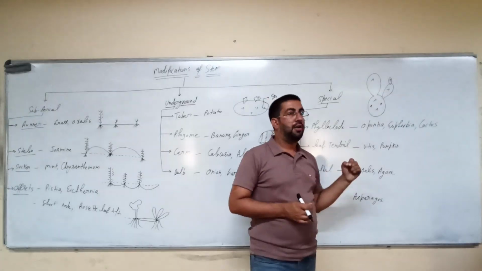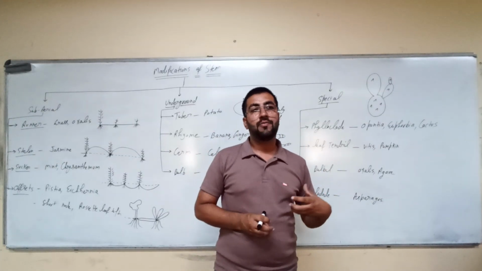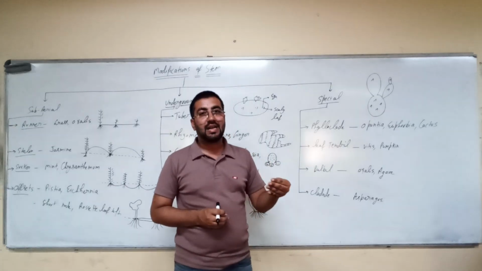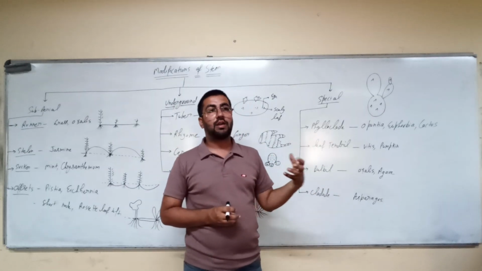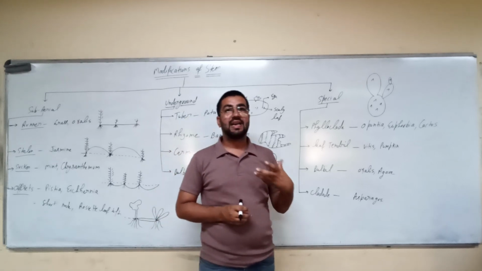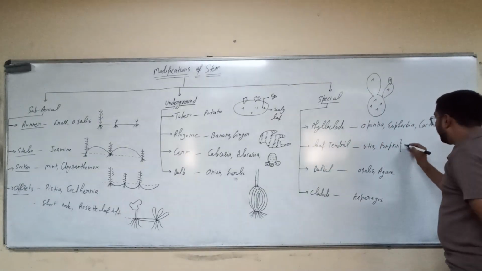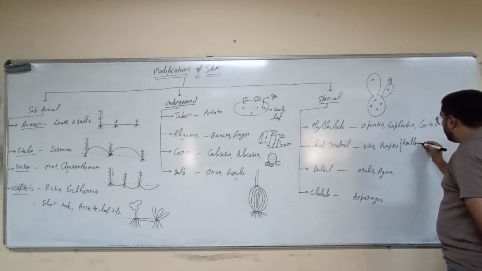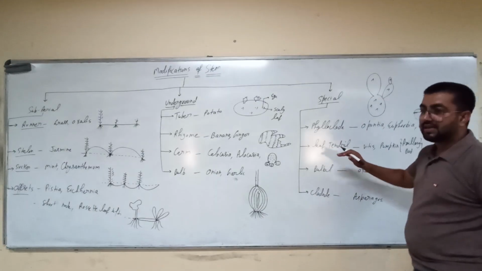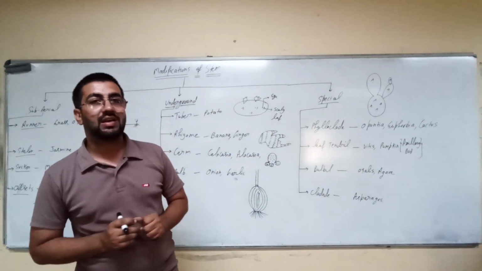And leaf tendril. The tendrils arise from the axillary bud which is present on the stem.